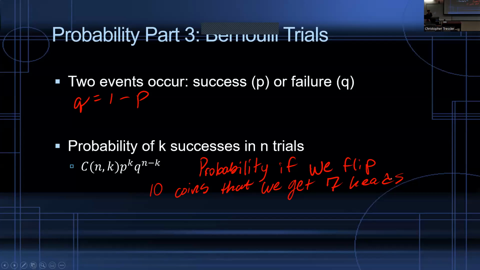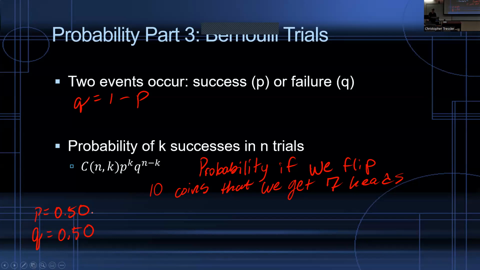So what I'm going to say is that our probability of success, our p, well, when we flip a coin, what's the probability, assuming that it's not weighted or anything? 1/2, right? 0.5. So the probability of success is 0.5, and the probability of failure is also 0.5, because it's 1 minus that 0.5.